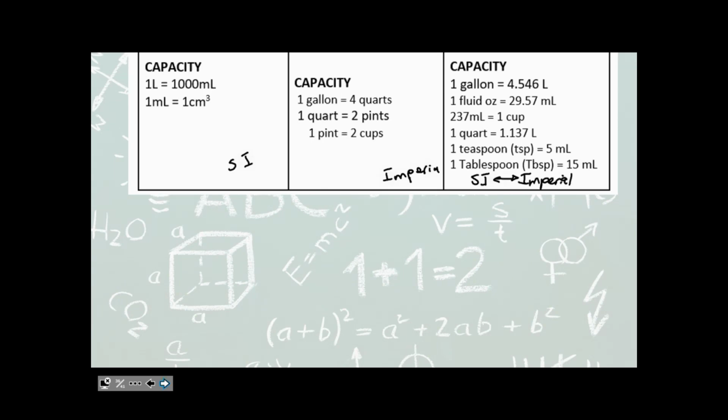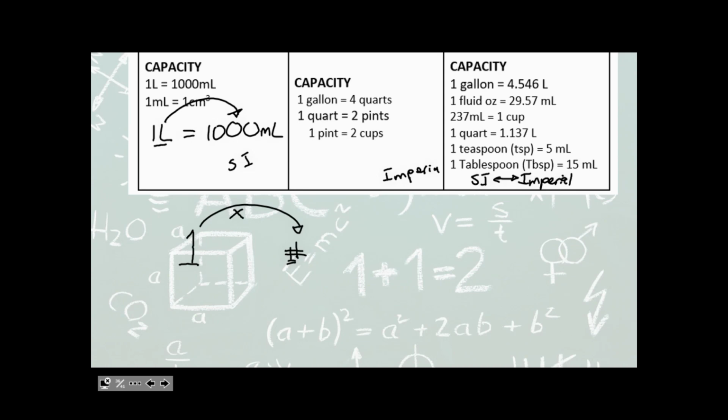And if we remember, there are two different ways that we can do this. We said anytime you go from 1 to a number, whatever that may be, let's say 1 liter to 1,000 milliliters, we were always multiplying by whatever number is right here.